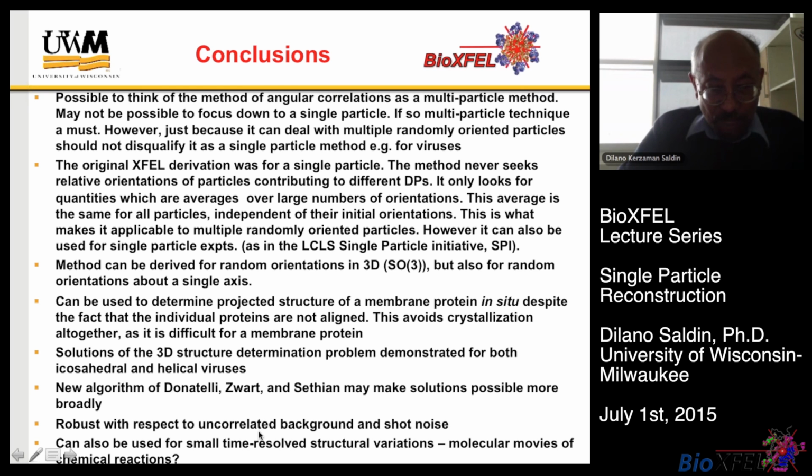And this is robust with respect to uncorrelated noise and shot noise. And it can also be used, as my last example showed, for small time-resolved structural variations, and perhaps can be used for determining molecular movies of chemical reactions, even though you don't actually have a crystal of particles in solution.